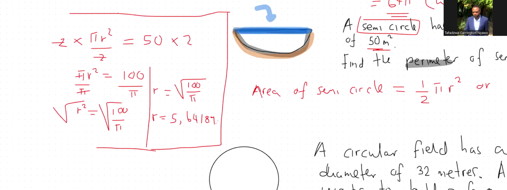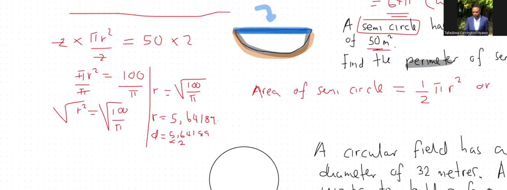So diameter is gonna be equal to 5.64189 times 2. All right, so what does it give me?